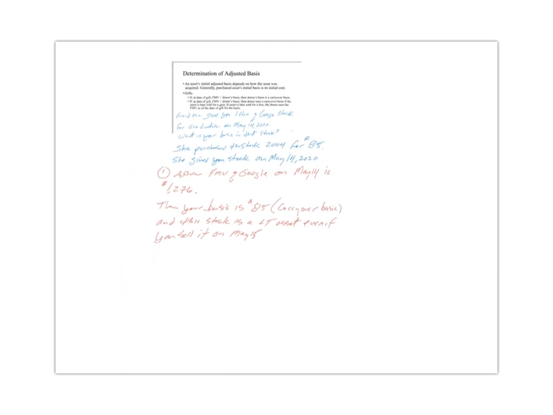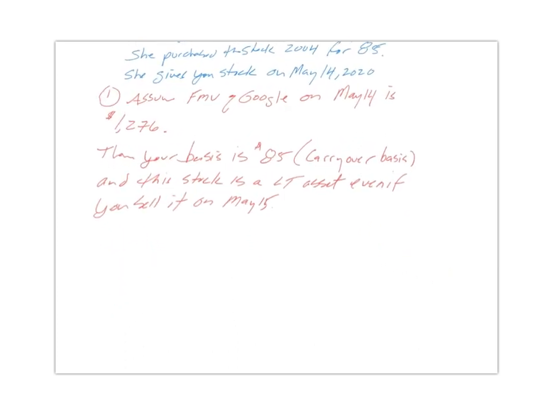But let's do scenario 2 now. We're going to move things up a bit. For scenario number 2, assume fair market value of Google on May 14th is $80.